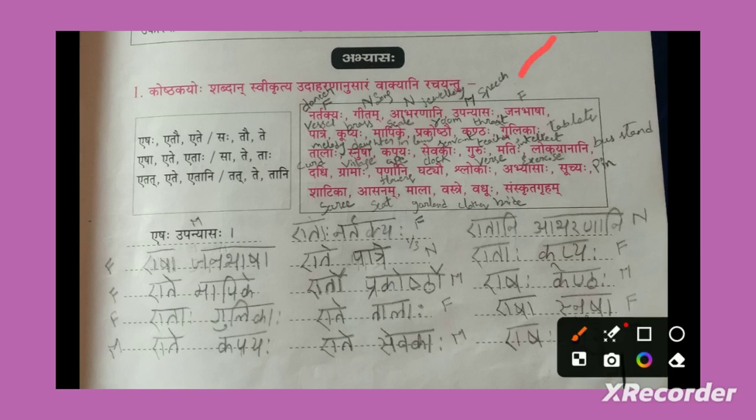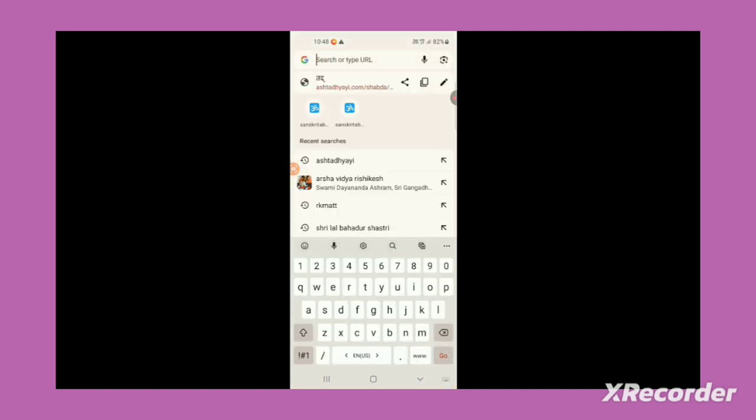For example, let's say this word upanyasaha. How to search the gender? Again go back to Google. Now just type upanyasaha in the search button. Go to Ashtadhyayi.